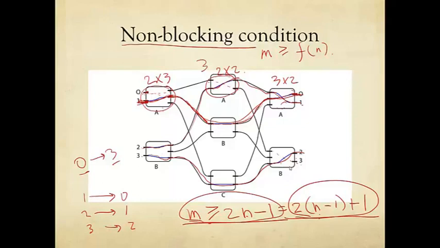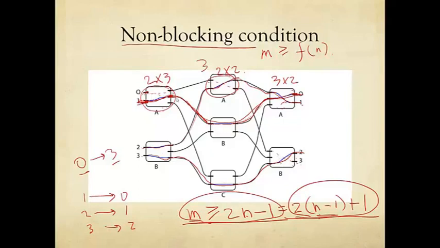The point is to illustrate a common thread, and that is when all the other input ports are already occupied, and there are basically n-1 of them at this switch, and all the other output ports are occupied at the other switch, that's another n minus 1. These n minus 1, in this case only 1 because n is 2, must have gone through some middle switches, and they could have gone through different middle stage switches.